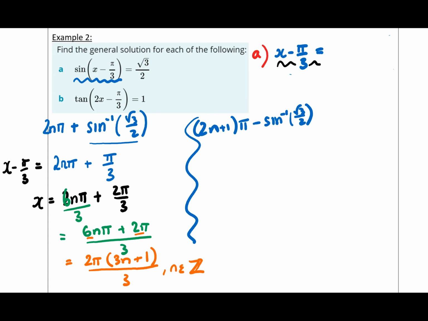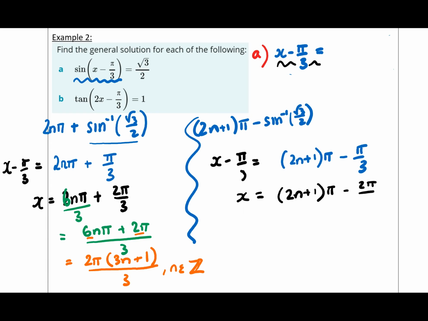The other set of answers, we need to follow this, remembering that x minus pi on 3 is equal to 2n plus 1 pi minus, remember the arcsine of root 3 on 2, in this case, was pi on 3. And if I bring that minus pi on 3 over, then x equals 2n plus 1 pi minus 2 pi on 3.